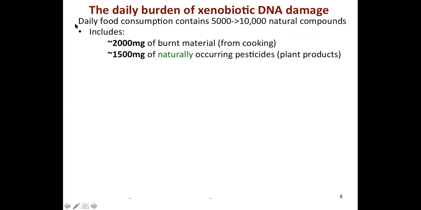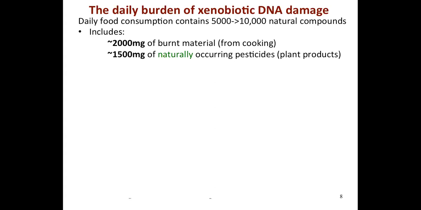So our daily food consumption contains anywhere from 5,000 to 10,000 different types of natural compounds in the foods that we eat. In our modern diet, about 2,000 milligrams, or in other words, 2 grams of that, is burnt material, just because we cook our food now. Right?